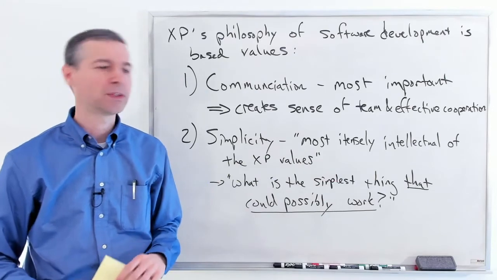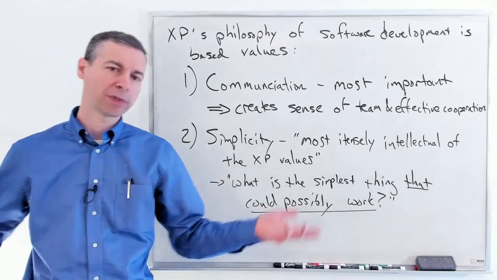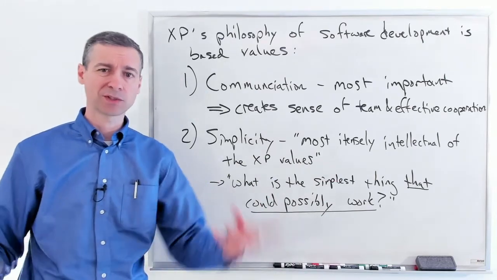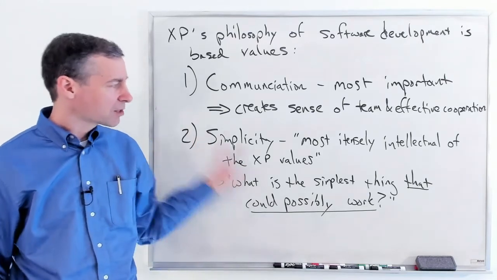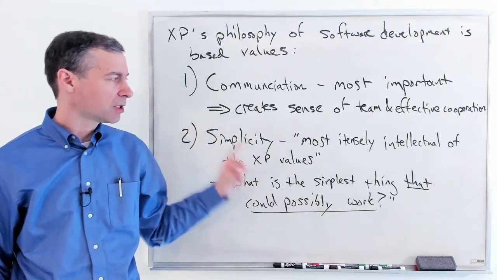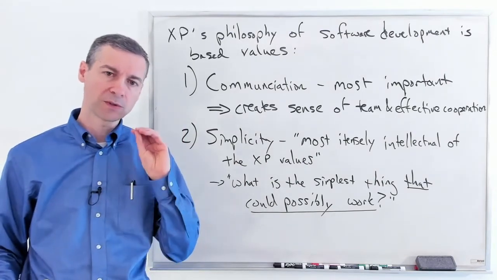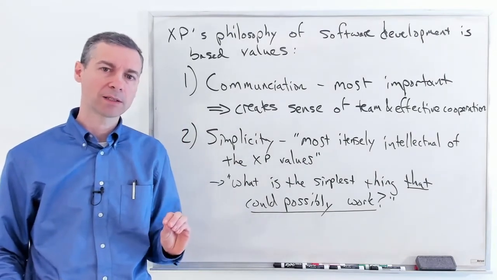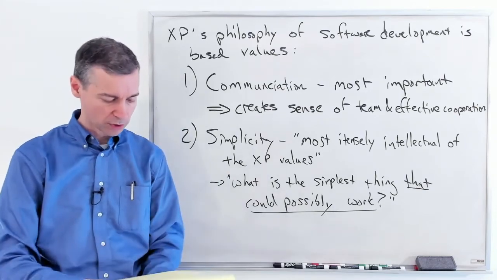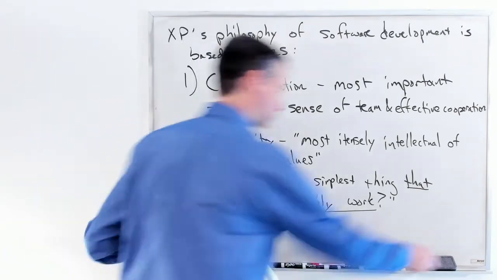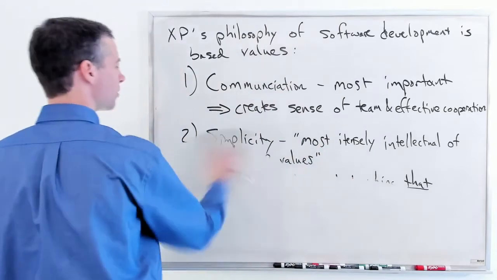We can often come up with something more complex that takes a long time and is just a mess. But XP says you're supposed to be focusing on the simplest solution that you can come up with to the problem at hand. And that actually does take a lot of work, and it's something really to strive for.